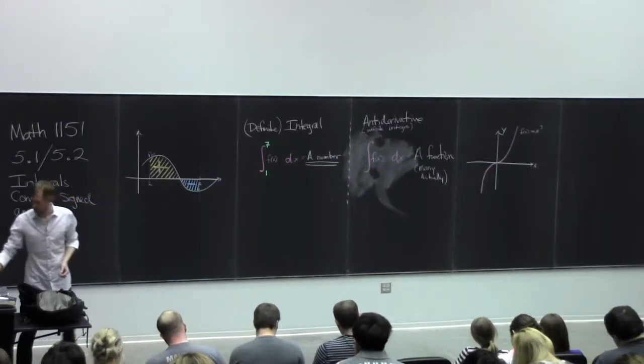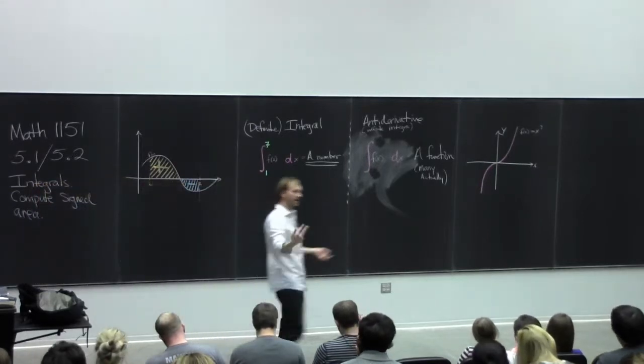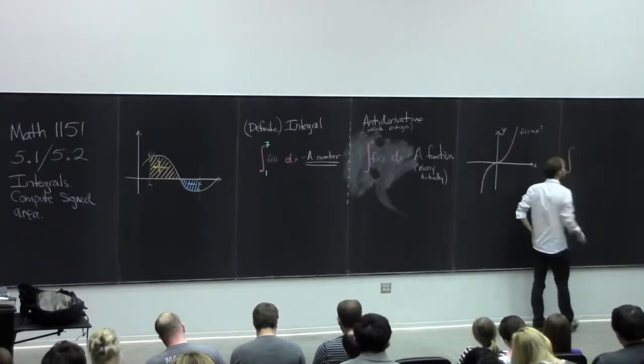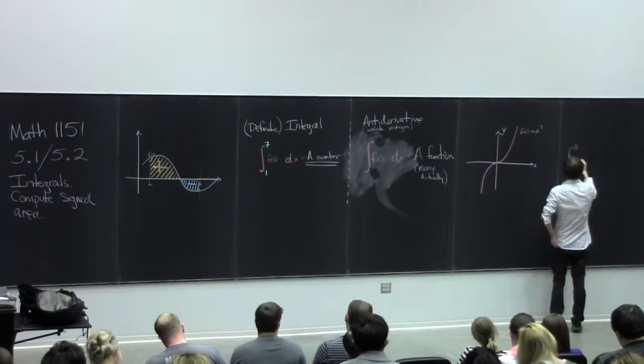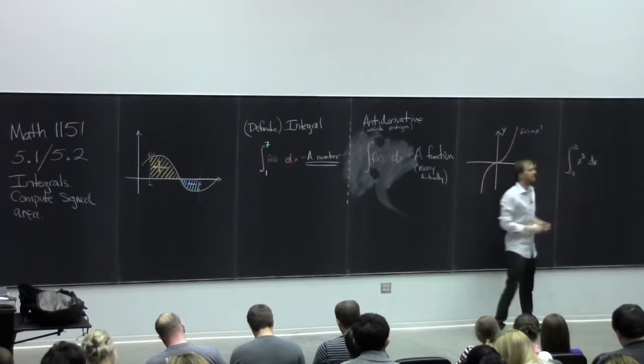And suppose I want to compute the integral. Now, an integral computes signed area, right? Suppose I want to compute the integral from, I don't know, -2 to 2 of x cubed dx.